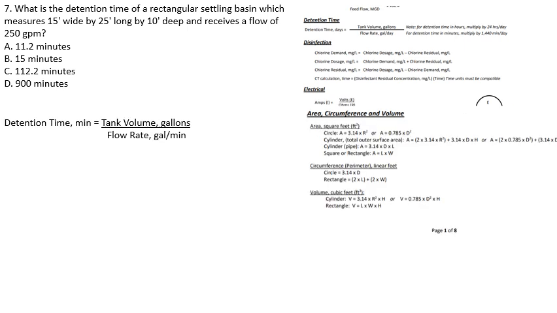Detention time is tank volume in gallons divided by the flow rate in gallons per minute. The volume of a rectangular basin is length times width times height. Remember, it's cubic feet, already in feet. So 15 by 25 by 10 gives you a tank volume of 3,750 cubic feet.